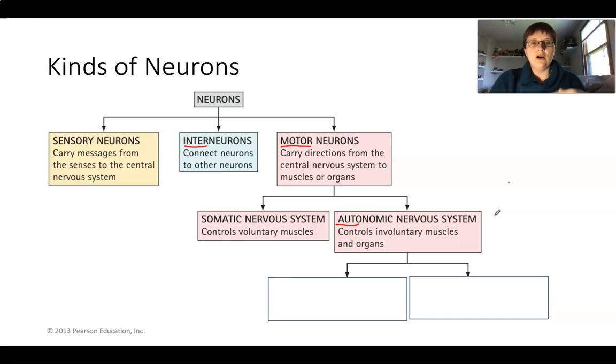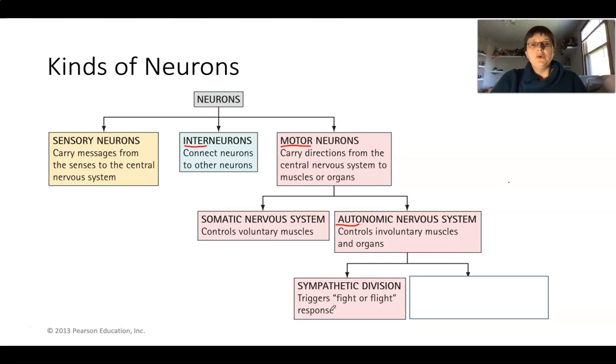And so this autonomic nervous system is going to be run by these motor neurons. They get the directions to turn these muscles and organs on and off, or to run at a certain rate, something like that. Now you'll see the autonomic nervous system has two parts, because your organs or muscles don't always have to run the same way.